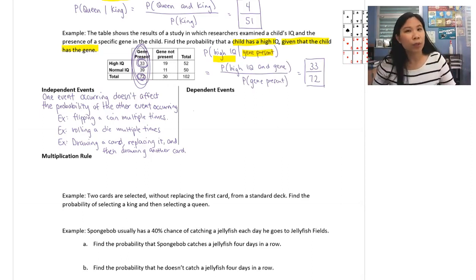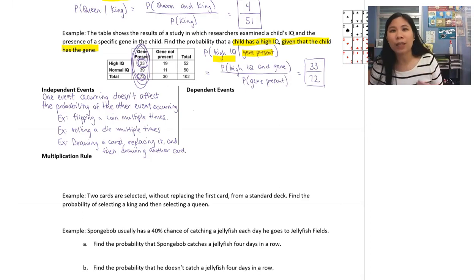But if you do put the card back in, then it doesn't change what you started with, and so that counts as independent. So drawing a card with replacement, so you are putting the card back in because you're replacing it, counts as independent. So dependent would mean the opposite. Whatever happens first is going to affect the second thing that happens.